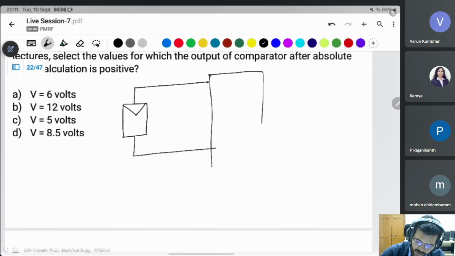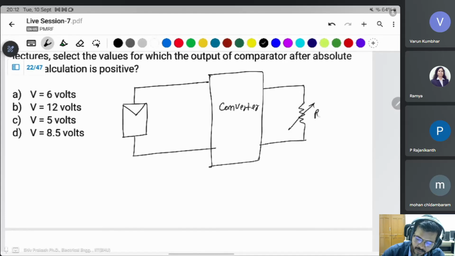Take a controller converter for taking the maximum power from a solar panel.